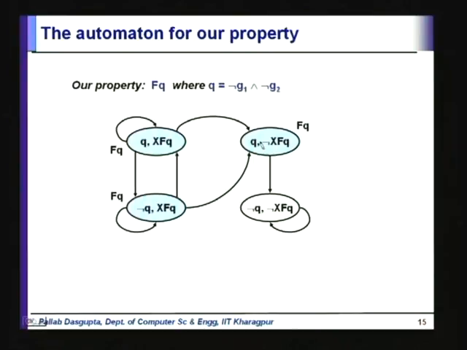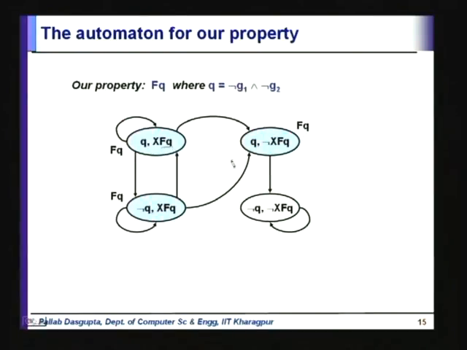Then we will see how to put in the transitions. Transitions will be inserted based on the following understanding: we will have an edge from a state satisfying X of some property to another state, provided that this property is true there.